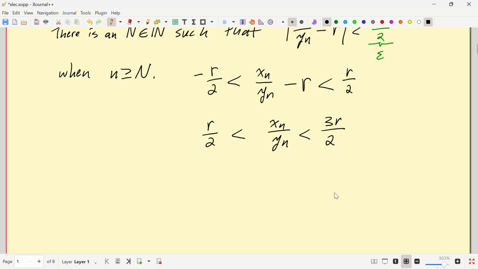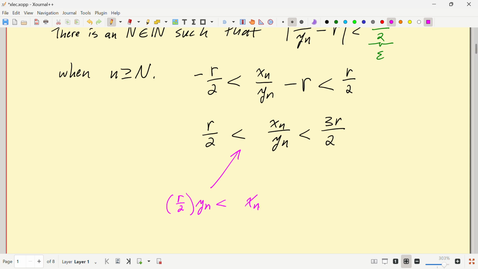Okay, this is exciting because let's think about these two sides of the inequality. What does this one say? This one says r over 2 times yn is less than xn.